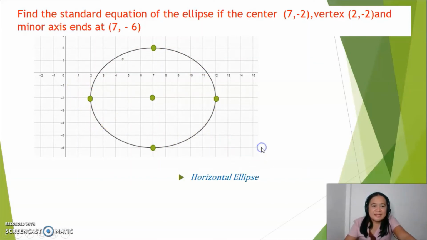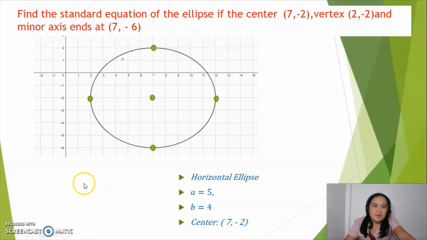Now in this case, it is a horizontal ellipse. The value for a is 5. Center to vertex is 5, while center to the co-vertex is 4. And the center is located at (7, -2).